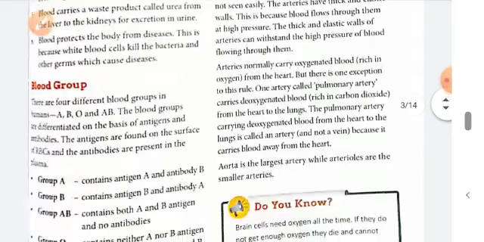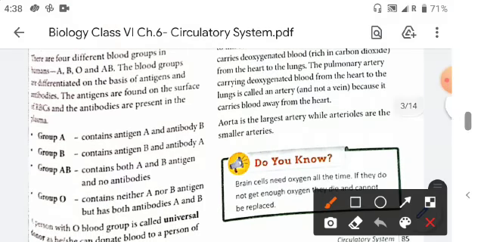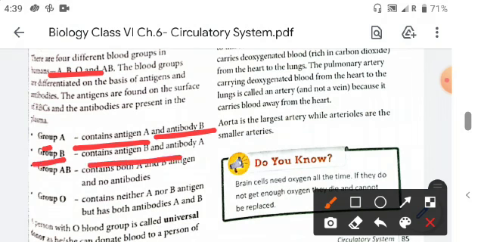Actually there are 4 blood groups in human beings: A, B, AB and O. So blood group A has A antigen and antibody B, and blood group B contains antigen B and antibody A. Blood group AB contains both A and B antigens and no antibody, but blood group O contains neither A nor B as antigen but has both antibodies.